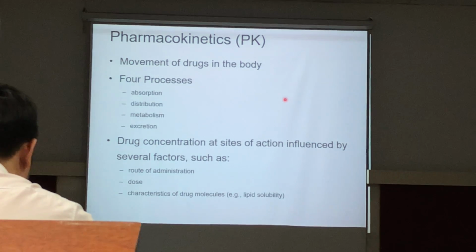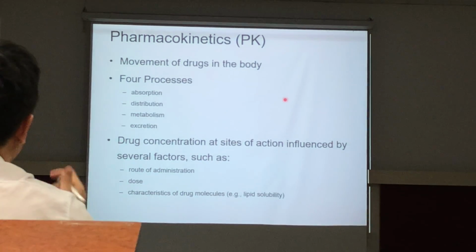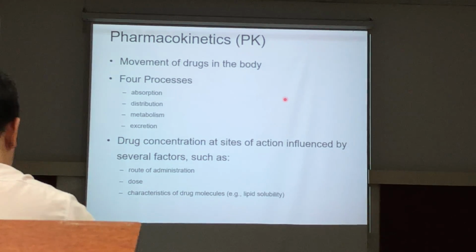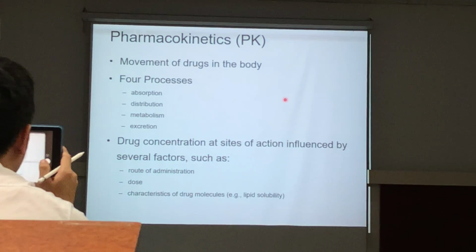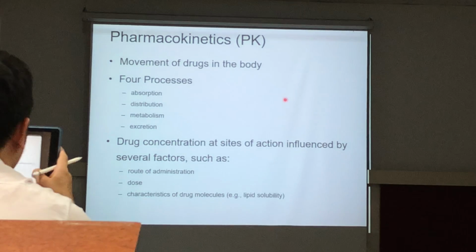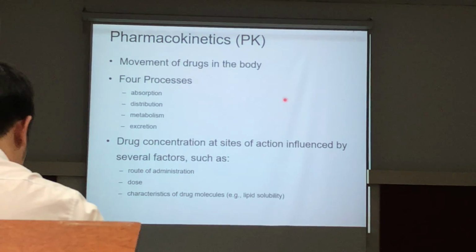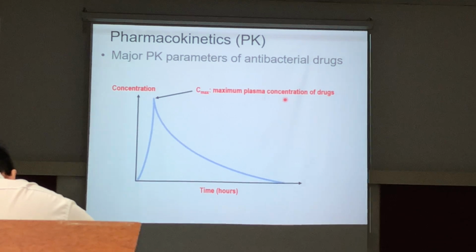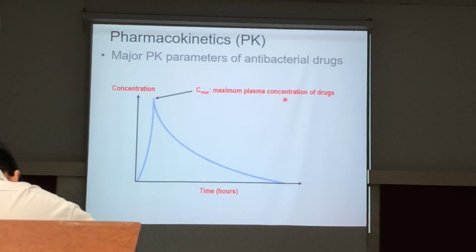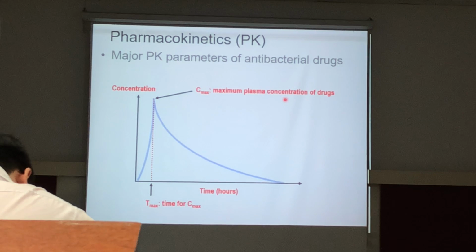So I don't want to go back to the 4 processes of the pharmacokinetics that we already summarized before, ADME, but just to let you know the most important parameters, because you are beginners in pharmacology. This is the Cmax, the maximum plasma concentration of the drug, as we already said.